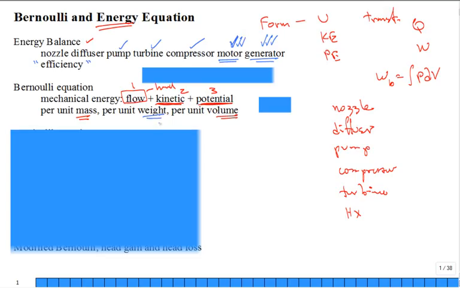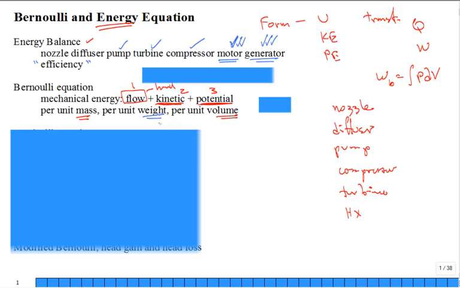The fluid has some mass, so I could talk about its energy per unit mass. That makes sense. The fluid has some volume, so I could talk about the energy content of that fluid per unit volume of the fluid. That makes sense. The one that really doesn't make sense to you probably is the energy per unit weight.